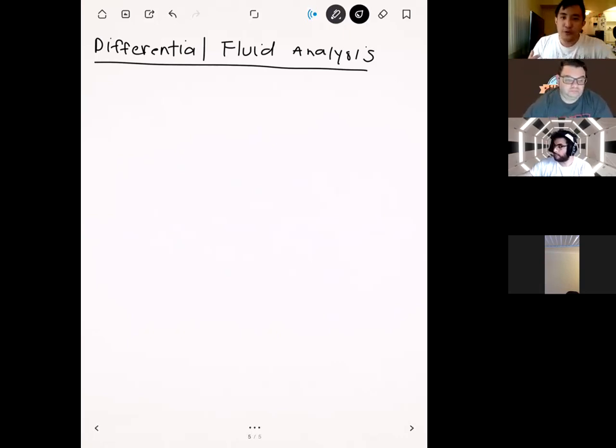So with differential fluid analysis, we're really going to get into the details of how things vary. Okay. And so if I could sum it up in a nutshell, what we're going to learn in differential fluid analysis is how we can analyze how velocity and pressure vary in space and time.